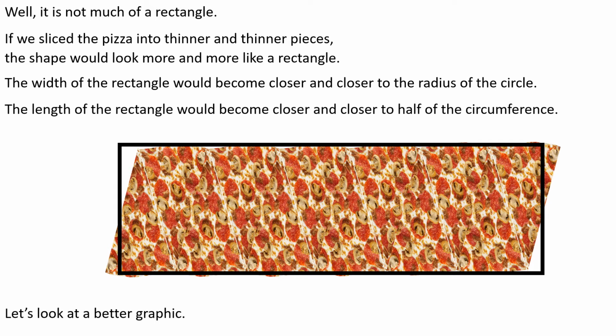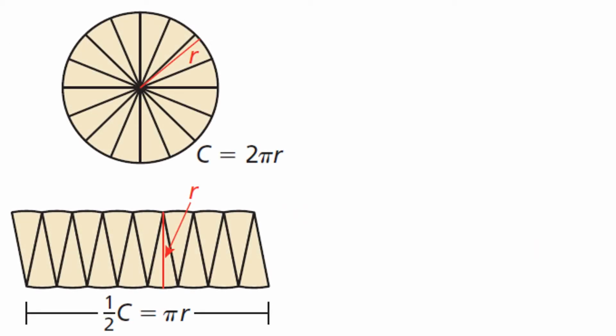Okay, so my slicing up pizza maybe wasn't the best of the bunch, so let's go steal an image from the internet. Right, so if we have a circle, and we know that circumference is 2 times pi times the radius, if I could slice it up, rearrange the slices into a rectangle.